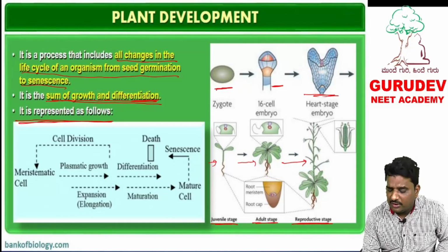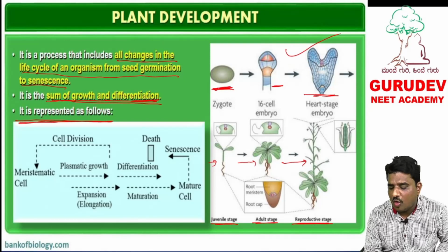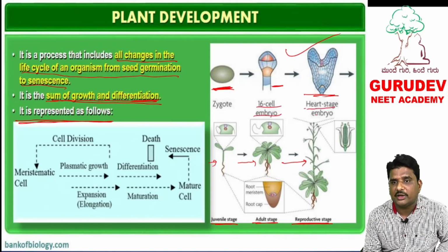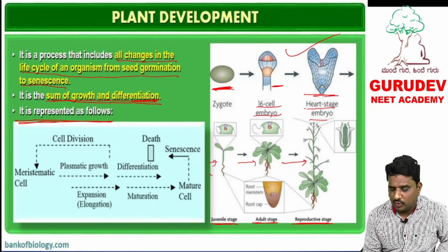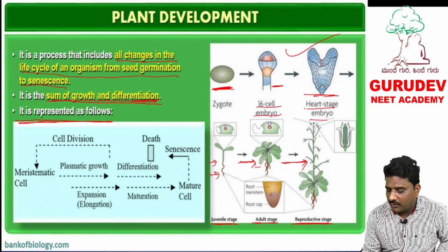So this is the development of a higher plant. This diagram shows the development of a higher plant from the zygote. From the zygote to the 16-celled embryo, a heart-shaped embryo will form. Then the juvenile plant gives rise to the adult plant, which has vegetative parts only. And this is the reproductive plant where flowers are present.